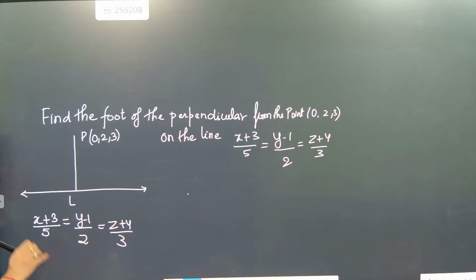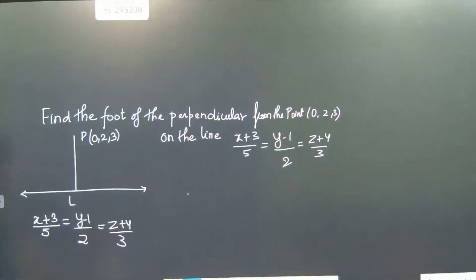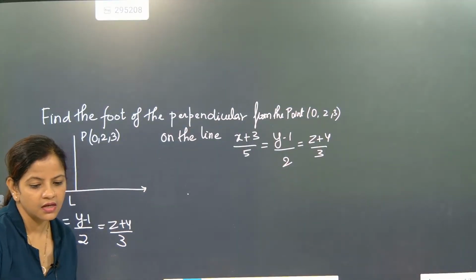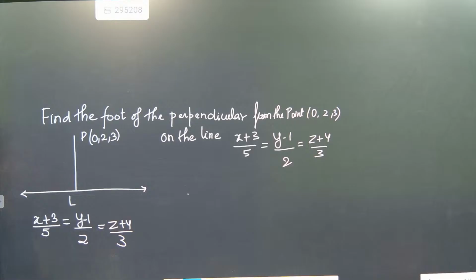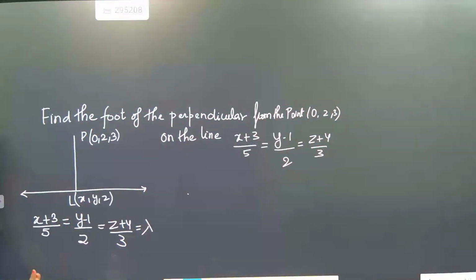Now with the help of this, beta, what do we need to do? Our first important target here is to find this point x, y, z in terms of lambda.